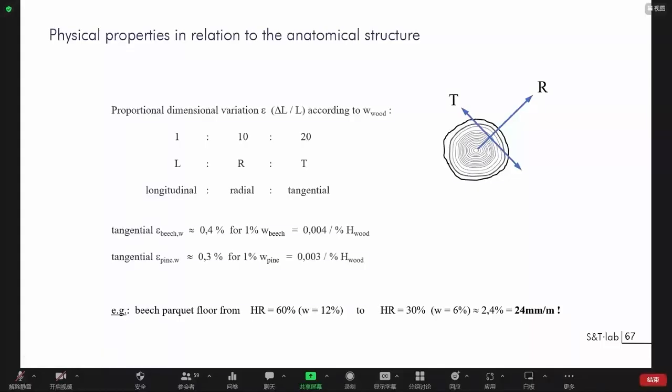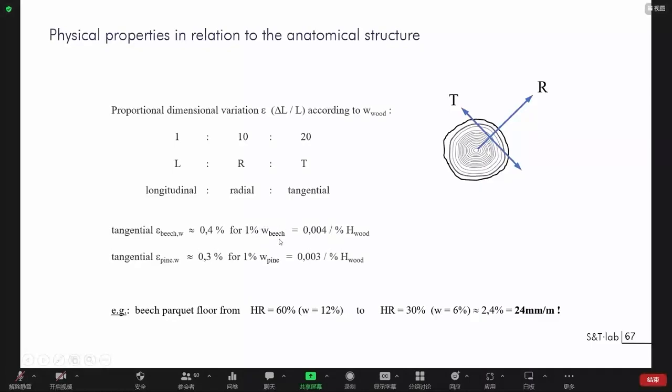So that could be a true issue, and indeed this rate of change is around 0.3 to 0.4% variation of dimension for 1% variation in the moisture.